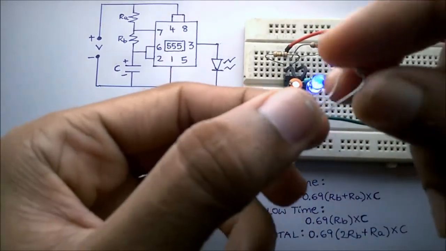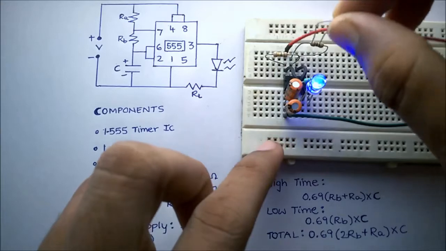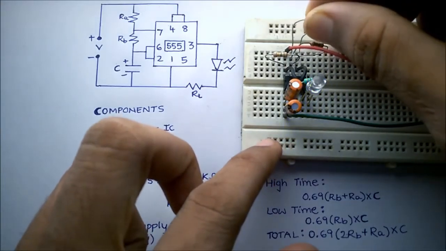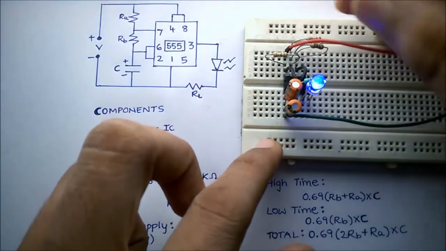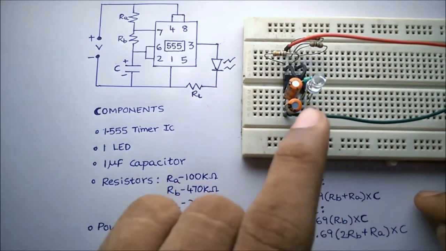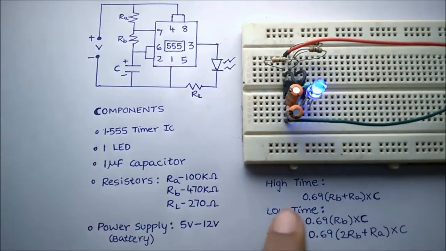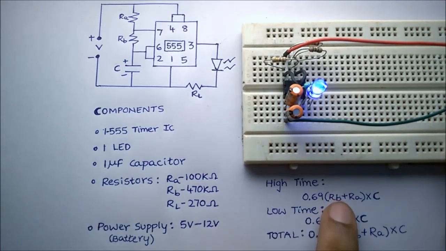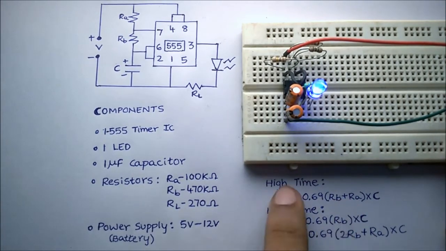I'm placing a resistor in parallel to RB, and you can see the flashing rate has increased and the flashing time has reduced. You can observe the same here. I've reduced the value of RB, and high time as well as low time get reduced.